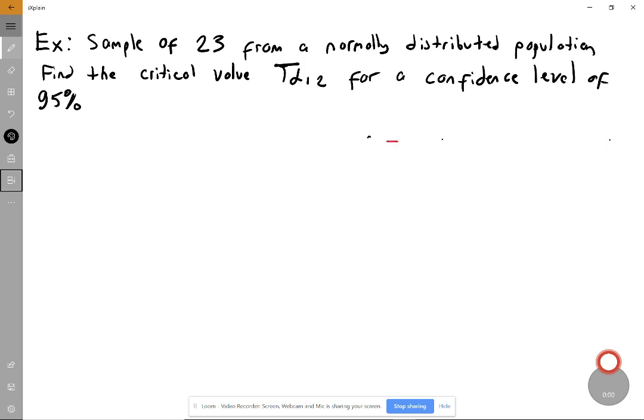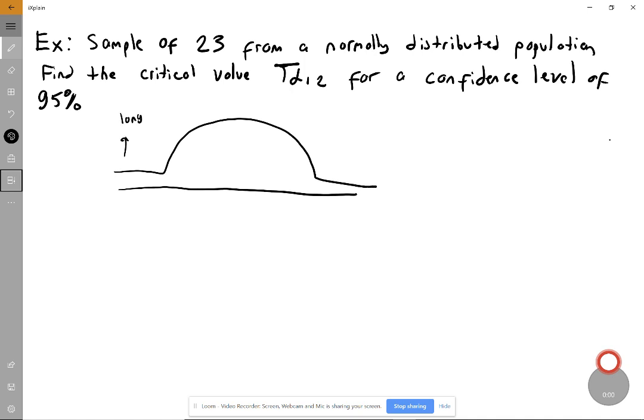All right, so we just mentioned that t-test is very similar to z-test. It just has longer tails, okay? So it is going to look something like this, which has longer tails. And we are looking for the 95% confidence level.